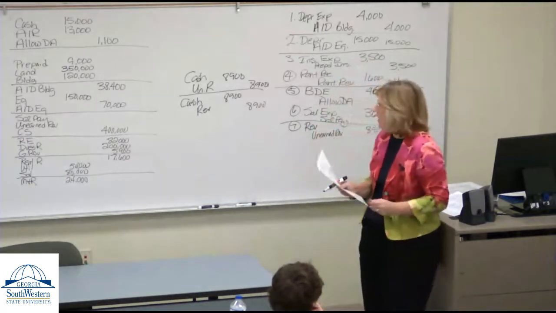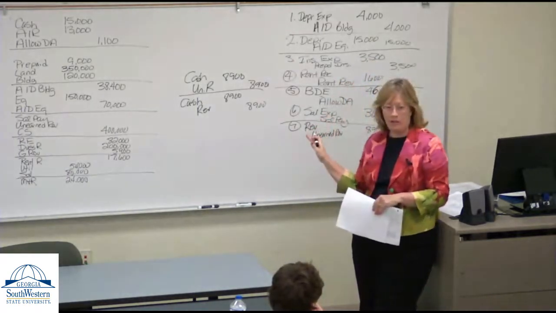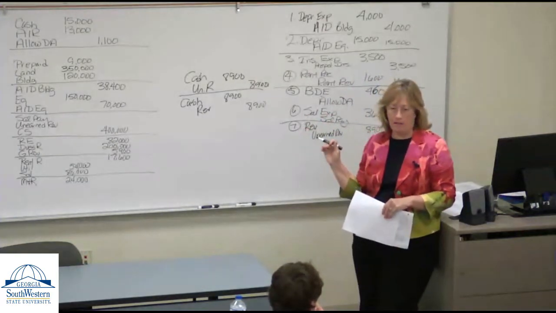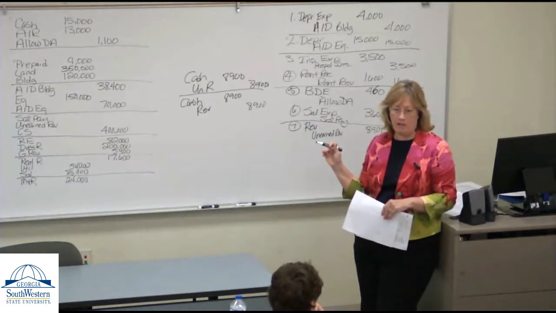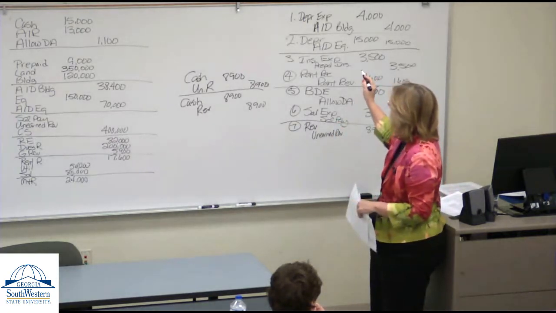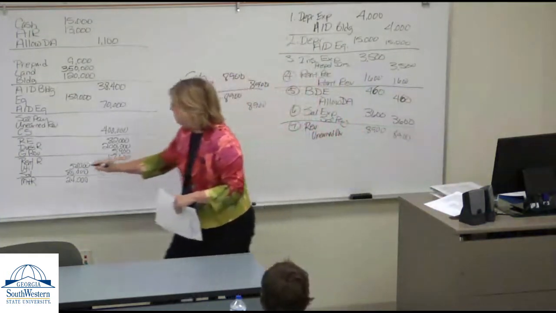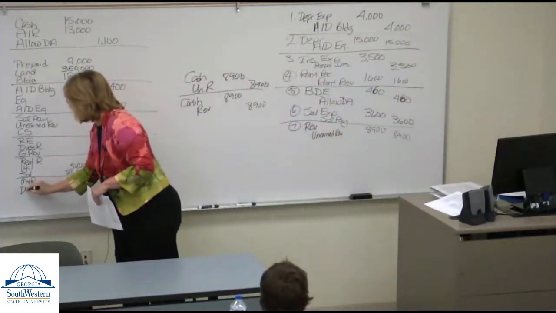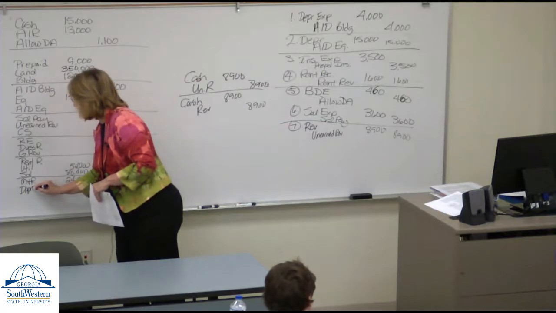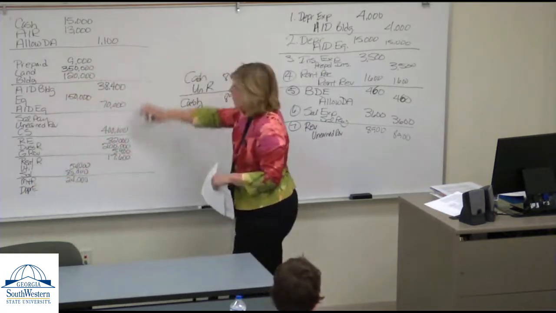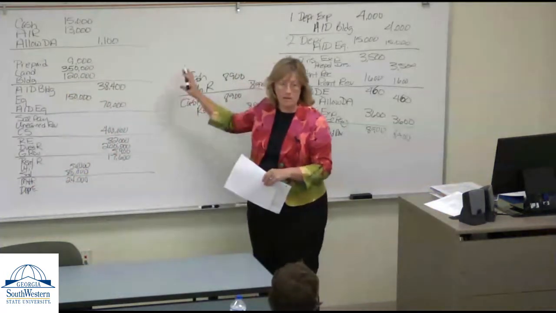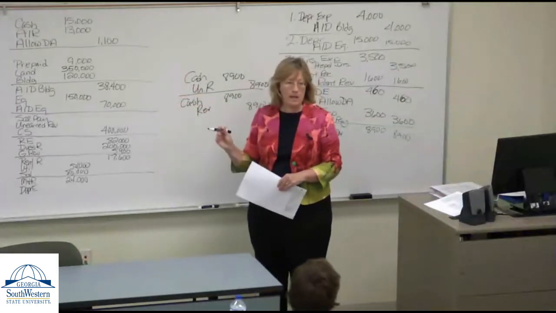All right, so now what we want to do is post all of those things to our trial balance. Have y'all been doing this along? We take depreciation expense, add it down here, and post it in the debit and credit columns to make them add up.